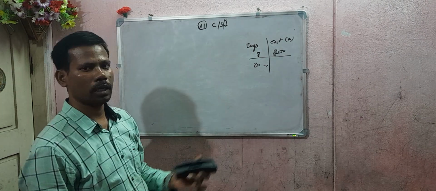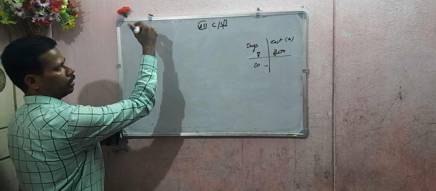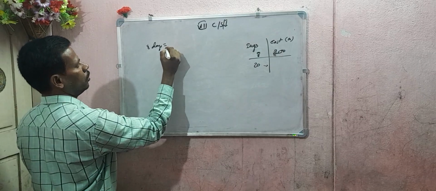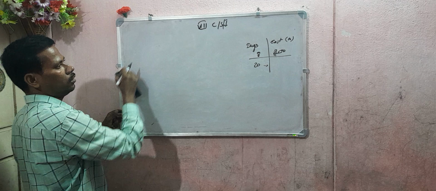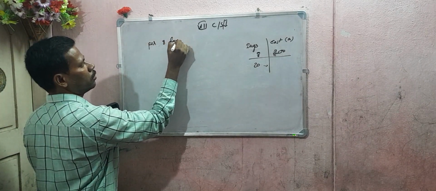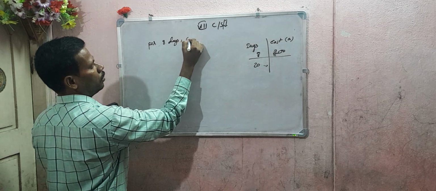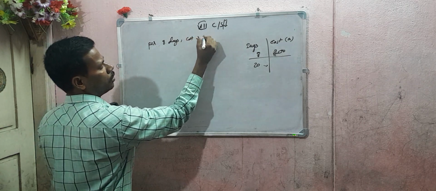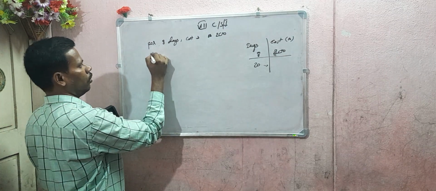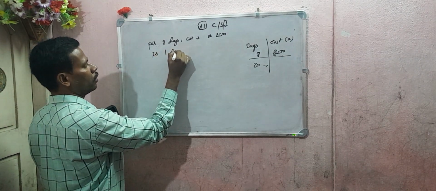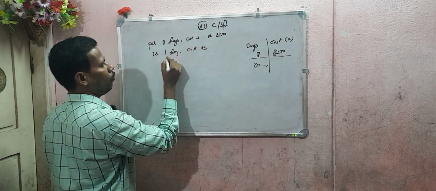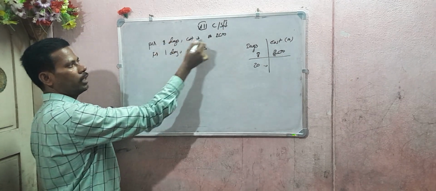But I want to do it in another method. For 8 days, you can write it like this. For 8 days, cost is rupees 200. For 1 day, cost is... compare this, 8 days is 200.